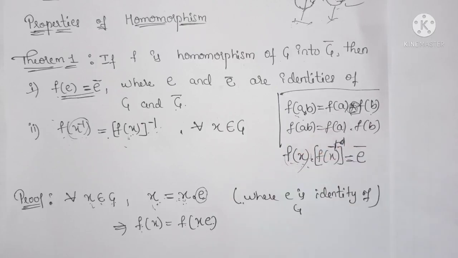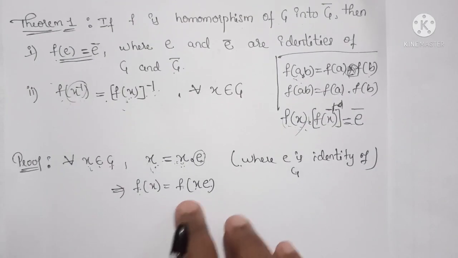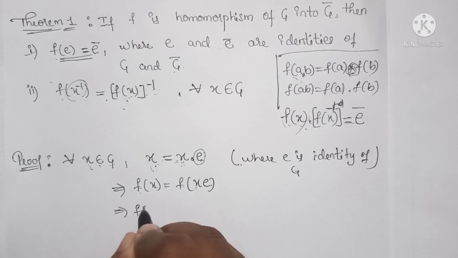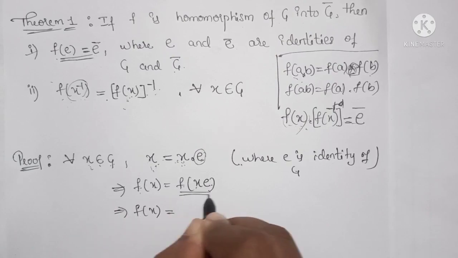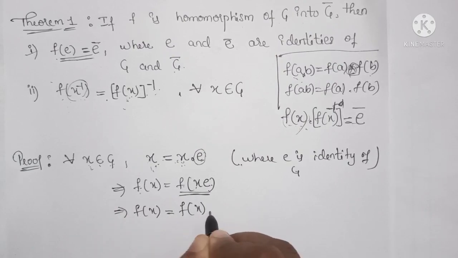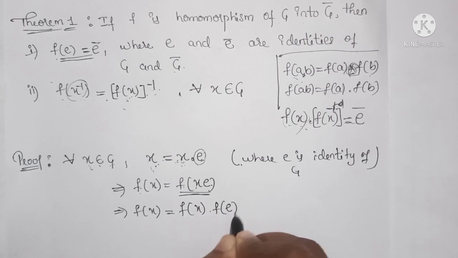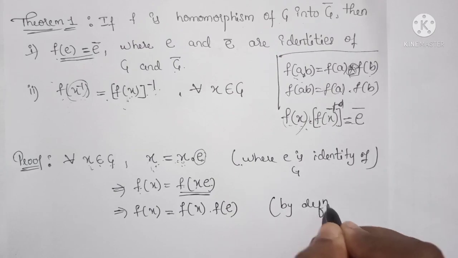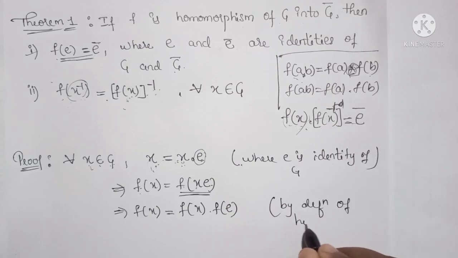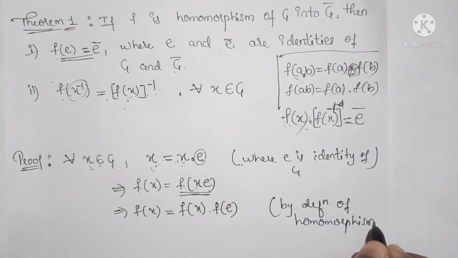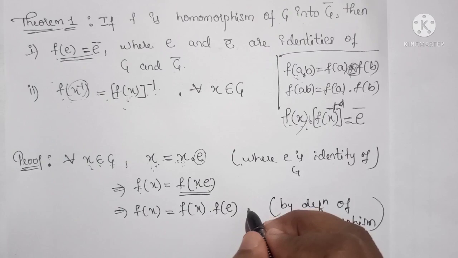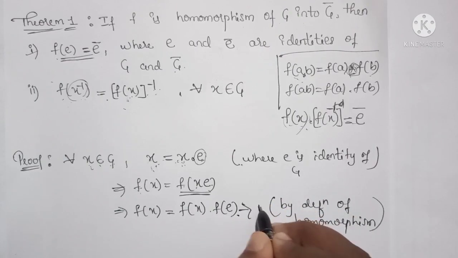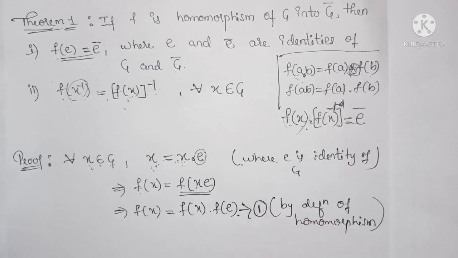So by using the definition of homomorphism we can write this as f of x is equal to f of x into f of e. So this is by the definition of homomorphism. Consider this as equation 1.